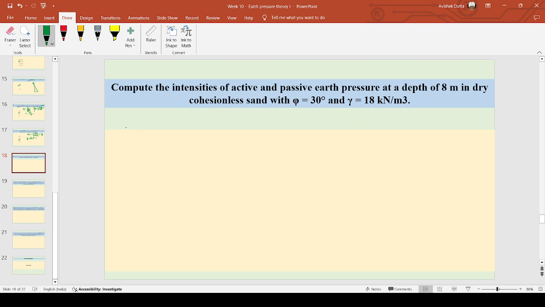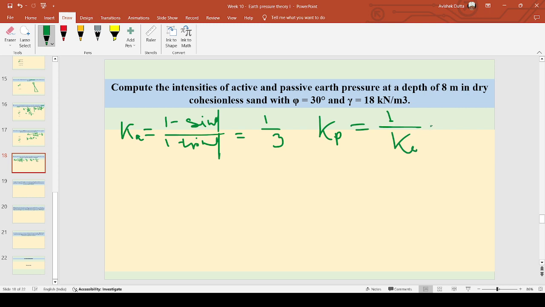I'm not solving using the 9 times you said, because I'll be elaborating it for people to understand. First we'll find Ka equals 1 minus sine phi by 1 plus sine phi, with phi equal to 30 degree, that is 1 by 3. And Kp will be how much? 1 by Ka, equals 3.